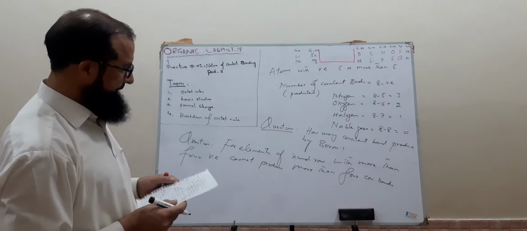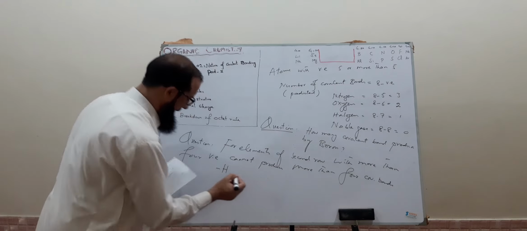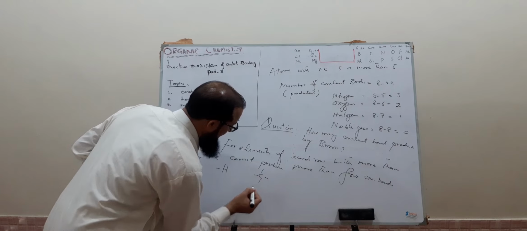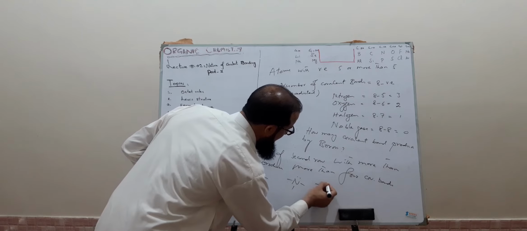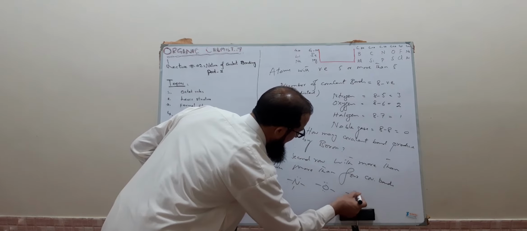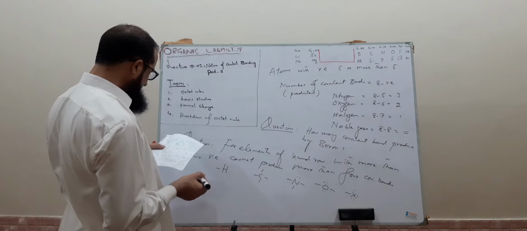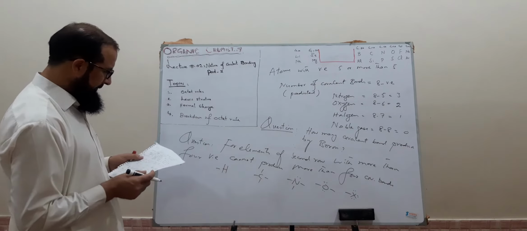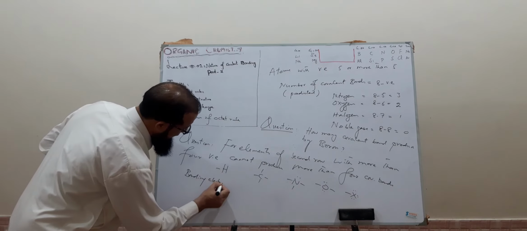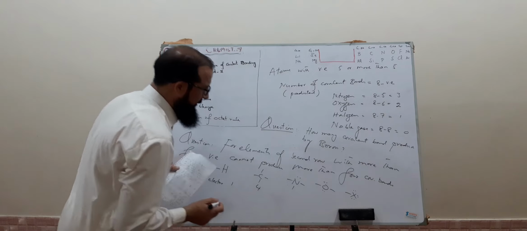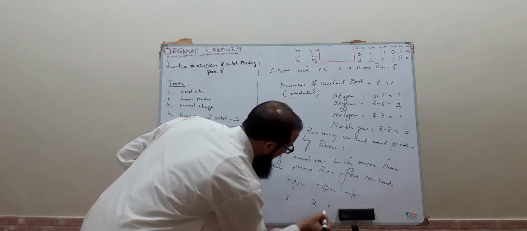We already discussed it. For example, if we take hydrogen, carbon, nitrogen, oxygen, and halogens, you see here the bonding electrons: for hydrogen is 1, for carbon is 4, for nitrogen is 3, for oxygen is 2, and for the halogens is 1.